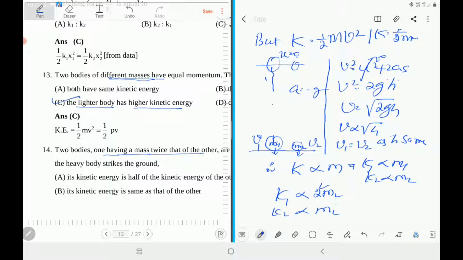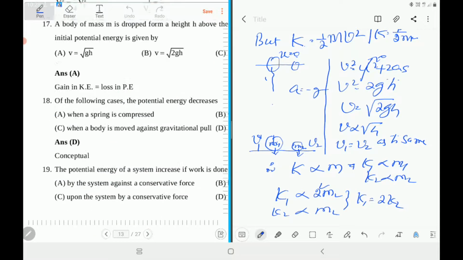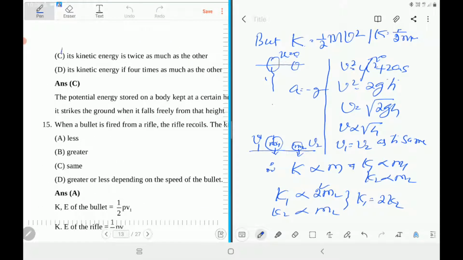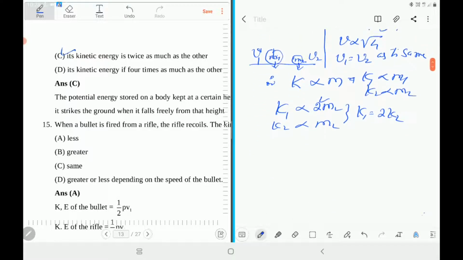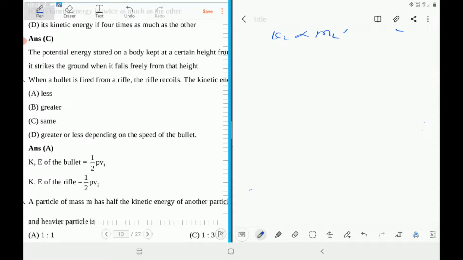Since 2 is there, kinetic energy of the heavier mass, which has mass 2 times, is 2 times obviously. Therefore, you conclude that kinetic energy of the first body is 2 times that of the second body. So you go with option C, that is kinetic energy is twice as much as that of the other. It's very simple. We'll move on to question number 15.